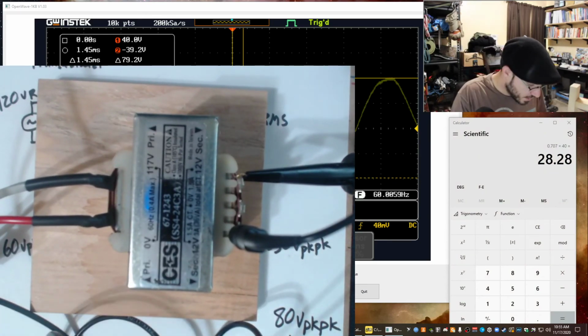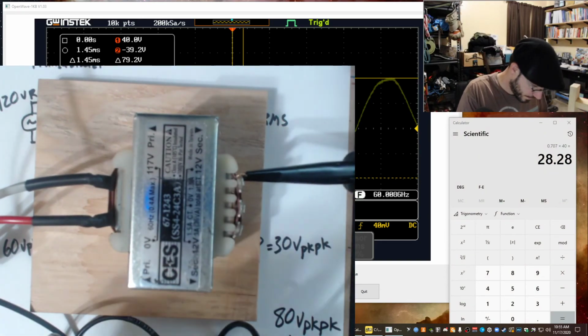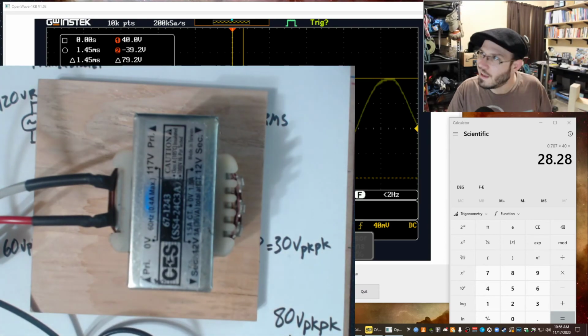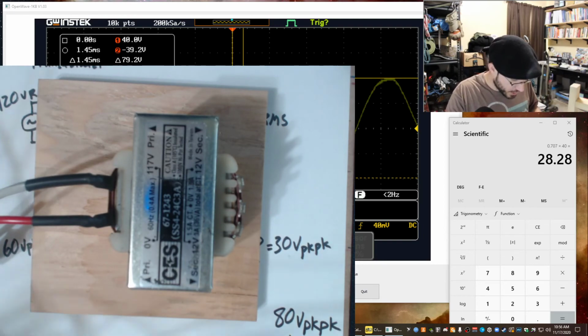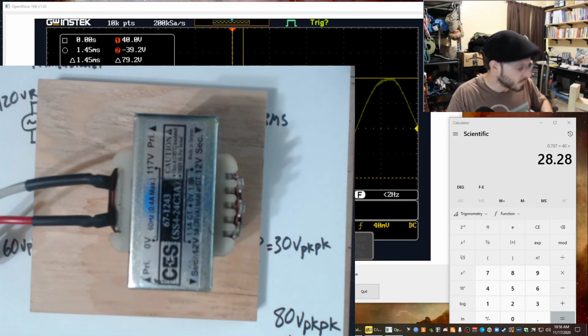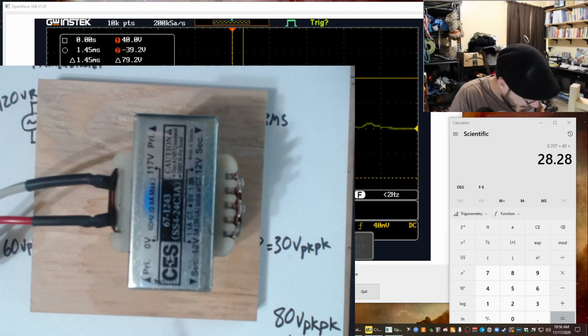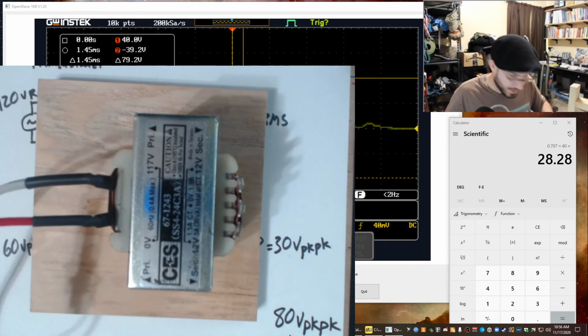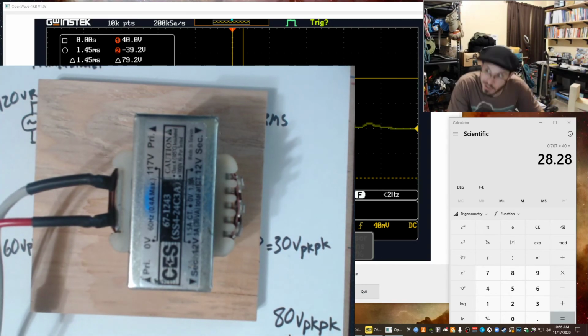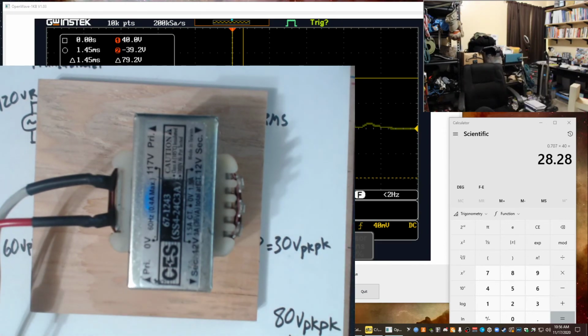I will attempt to do this without blowing myself up. So there's 120 volts coming out of here, so I don't suggest playing with your wall outlets unless you know what you're doing. Let me double check my electrical outlet and make sure I'm tapping into the right side. All right, I'm just going to have to guess.